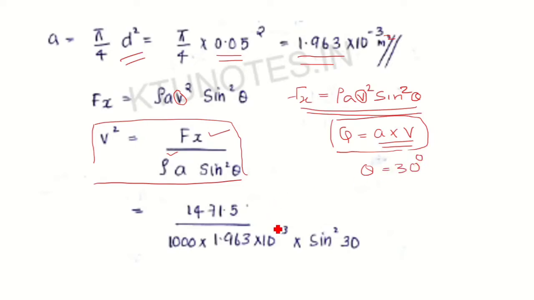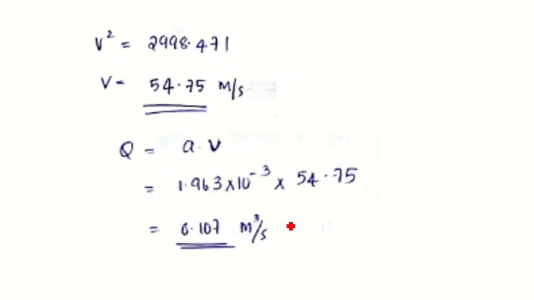So substituting all the values, we get v square equal to 2998.471, and we are finding the root.